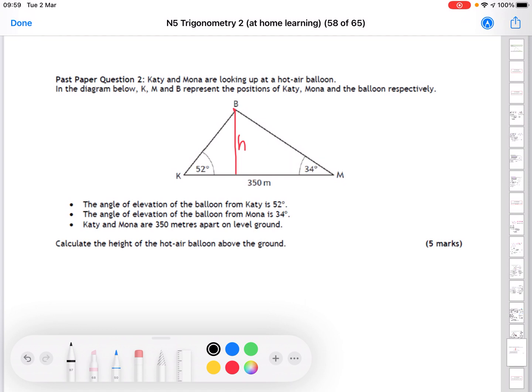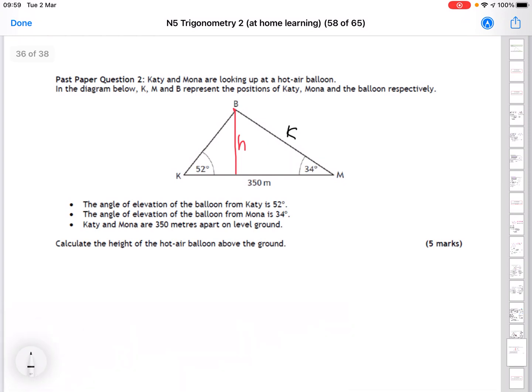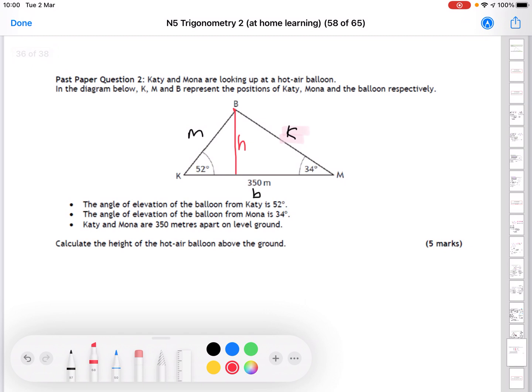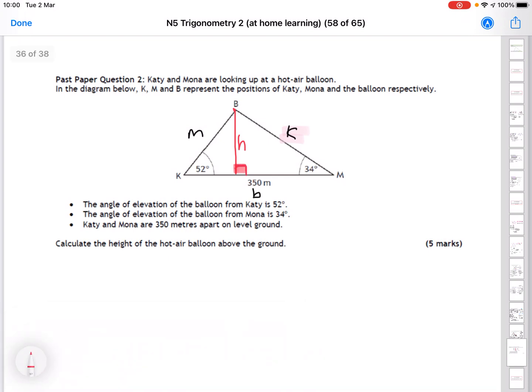So let's start off with labelling our sides with our small letters. In this case, I'm going to find this side over here marked with the K. So I'm going to find that side in my large triangle first, and then I'm going to use that right angle triangle that's made up with that height, and use SOHCAHTOA to find my length in there. So there's your right angle there.